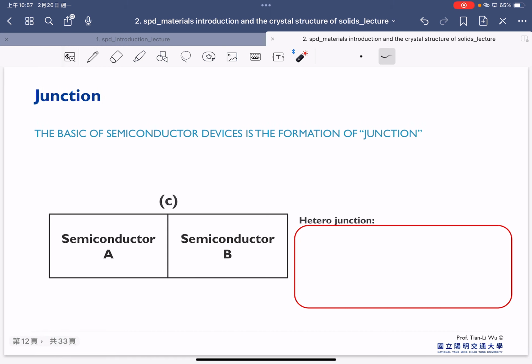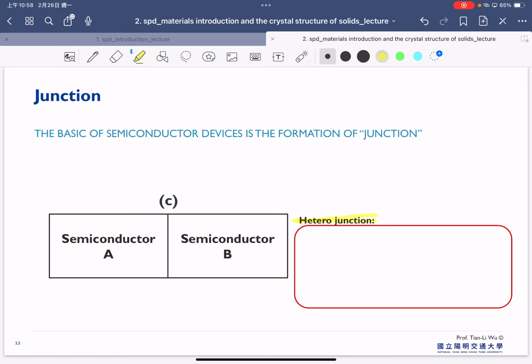Okay, so next we will continue with the junction between two semiconductors. This is usually called a heterojunction. There are some examples.